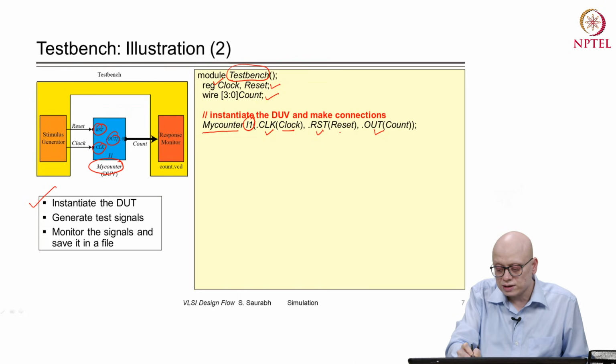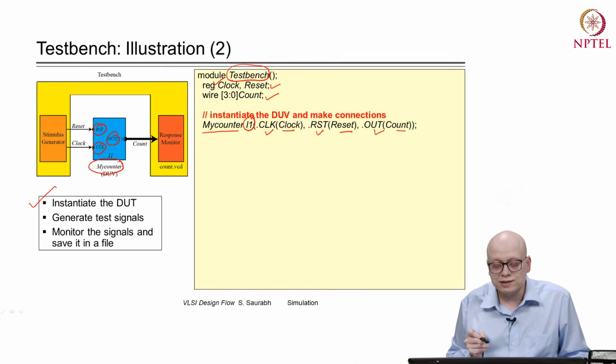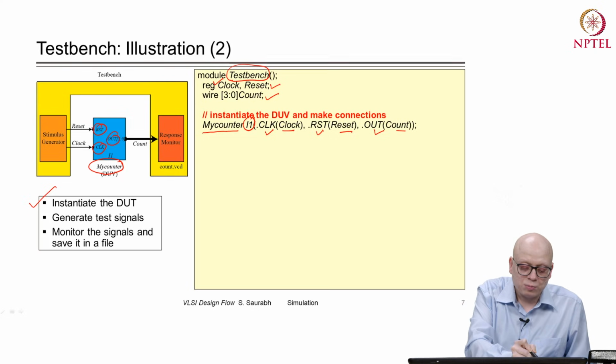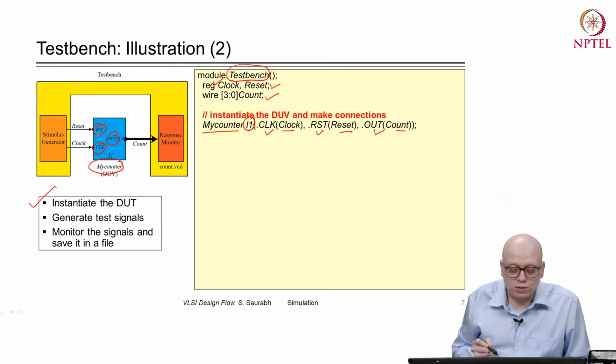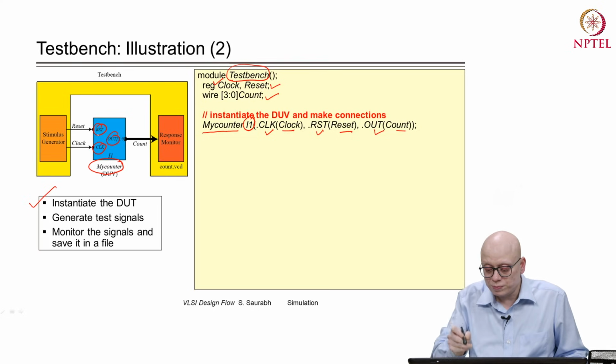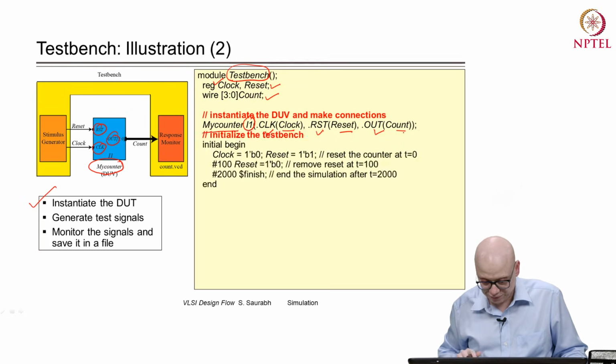So, clock, reset and count were the signals of the test bench. Those are applied at the input pins and the output pin of the instance.